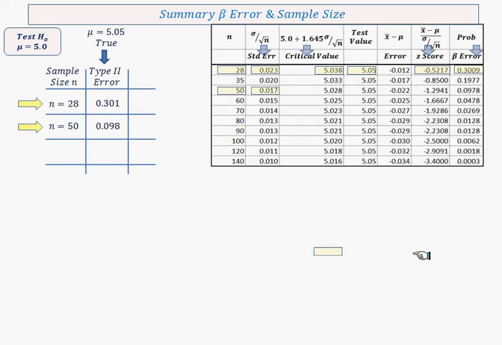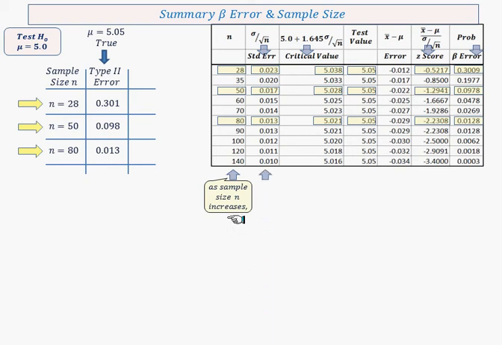You can see that the beta error has dropped now to about 10%. If we go to 80, the beta error is 0.013, and here it is on the screen now. 1.3% error simply by taking the sample size up to 80.